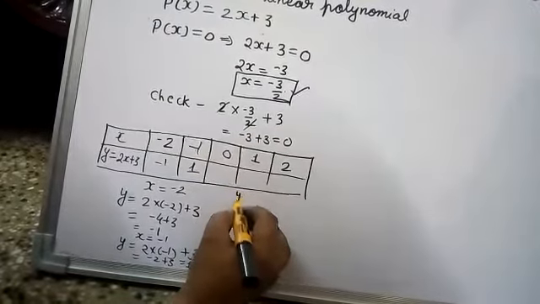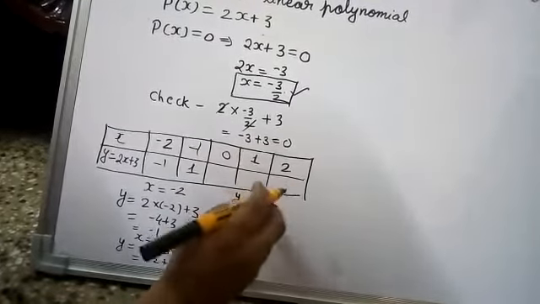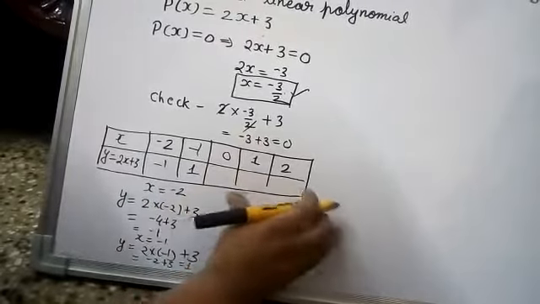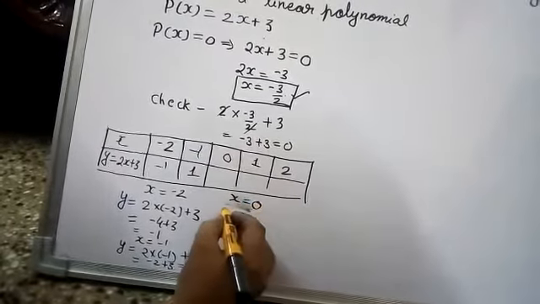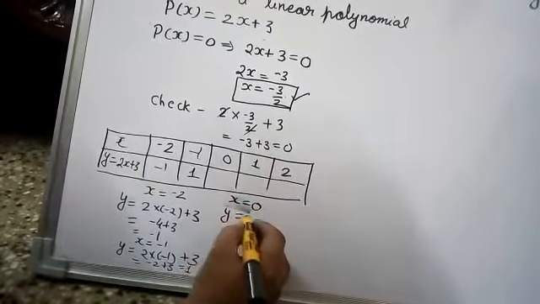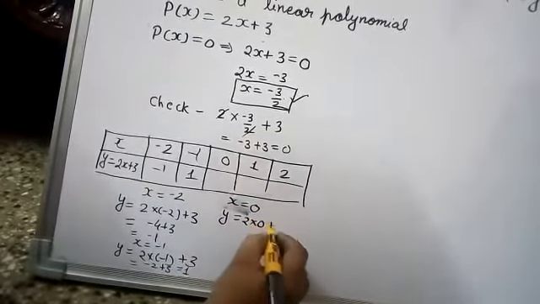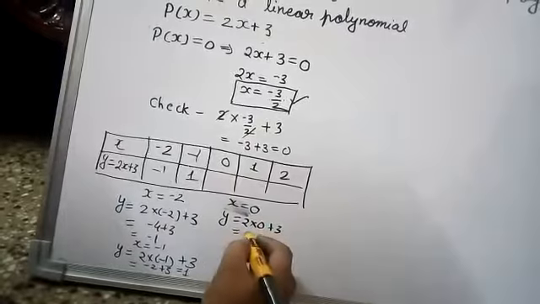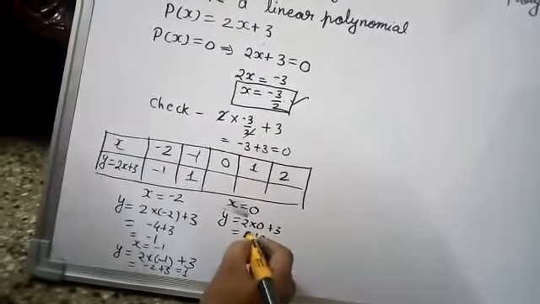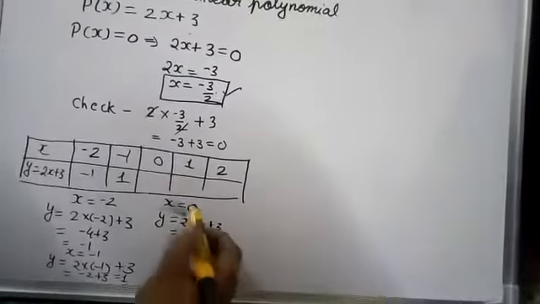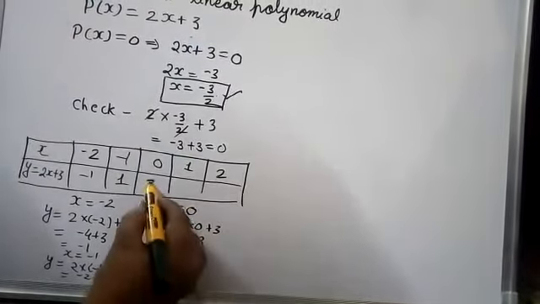For x is equal to 0, y is equal to 2 into 0 plus 3, that is 0 plus 3, which is equal to 3. So for x is equal to 0, the value of y is 3.